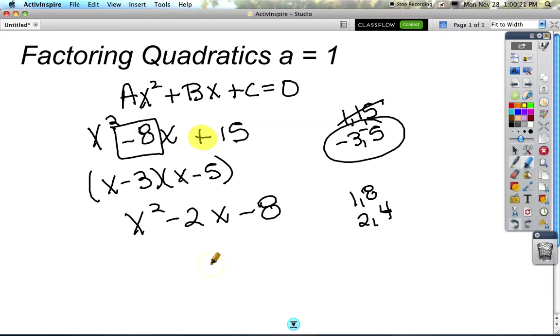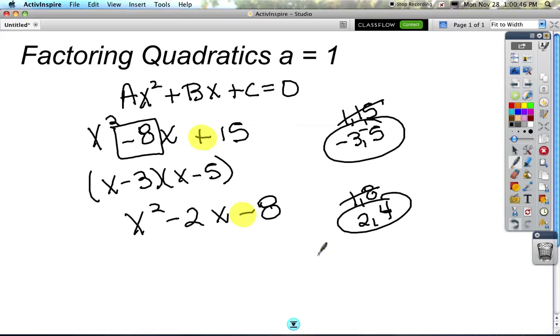This time, what am I doing with that pair? Subtracting. I always follow the second sign. Well, 1 minus 8 or 8 minus 1, that's not going to give me negative 2. That's going to give me a 7. This is the only one that will subtract to give me 2. But I want a negative 2.